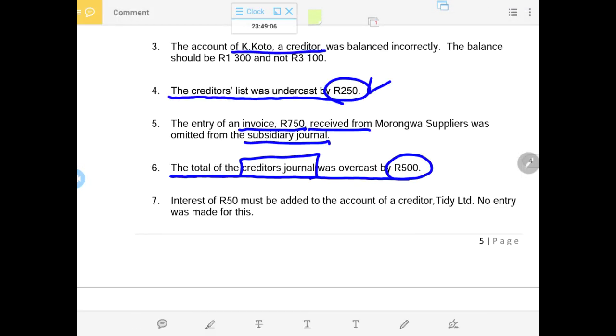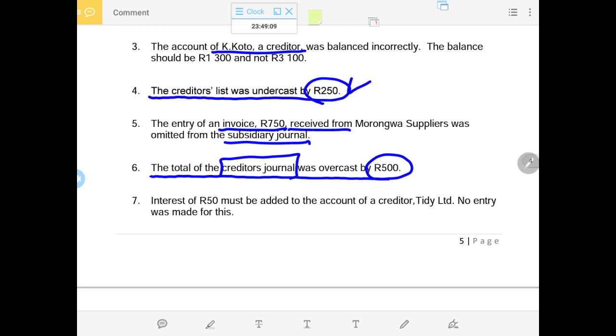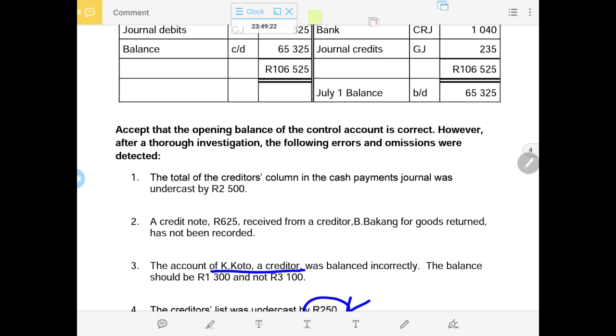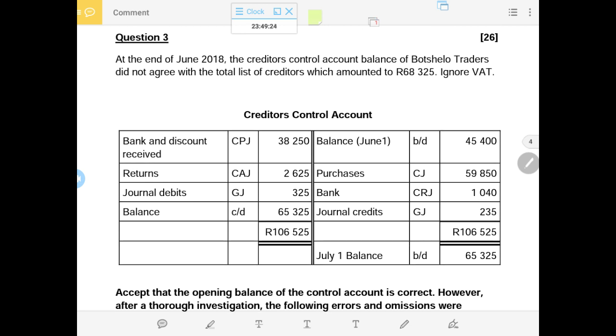Now on that same note, we therefore continue. We are told that this is the total of the creditors control column. The total of the creditors journal was overcasted, meaning that total was more than it was supposed to be. And that total is the one that goes to the credit side of the creditors journal, and it is where we are buying.